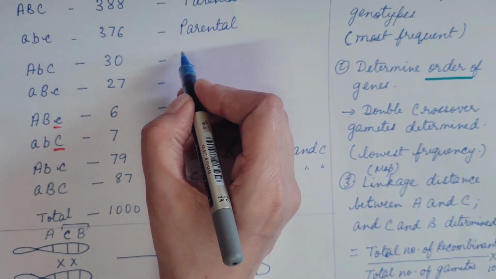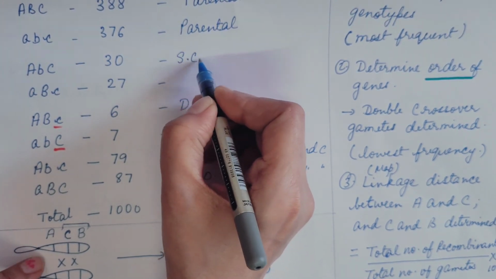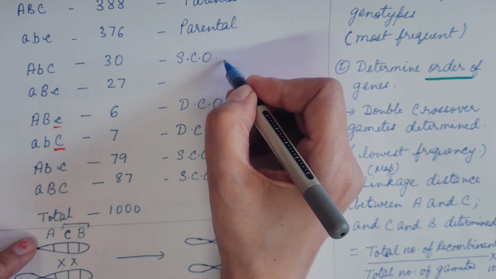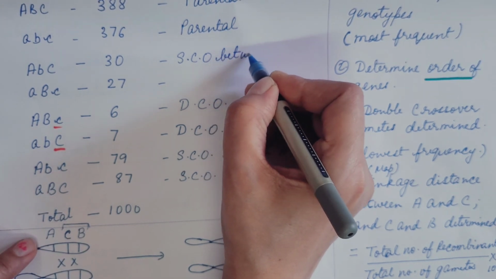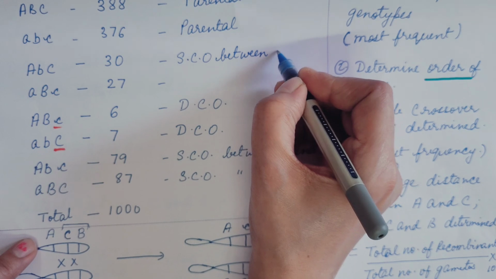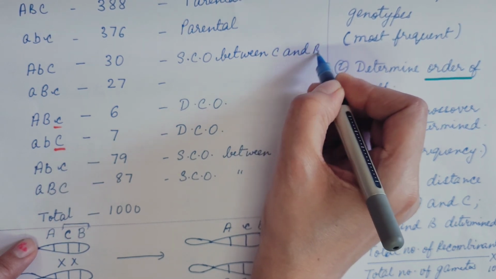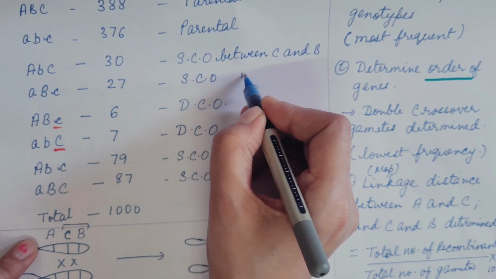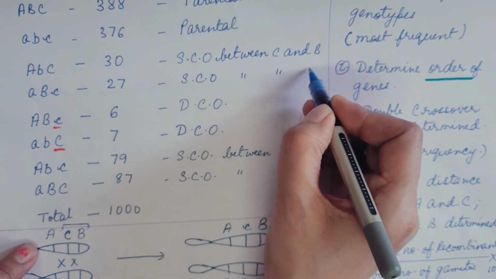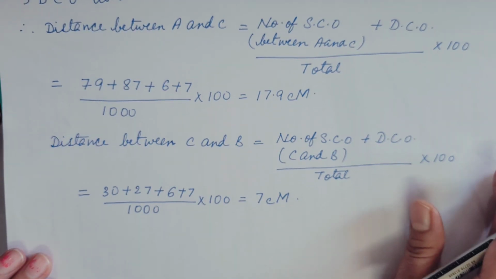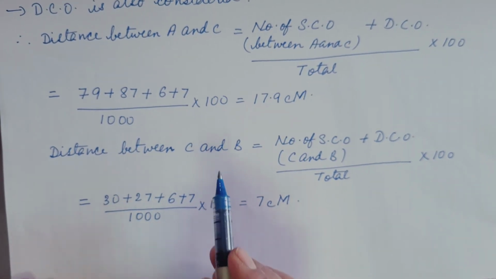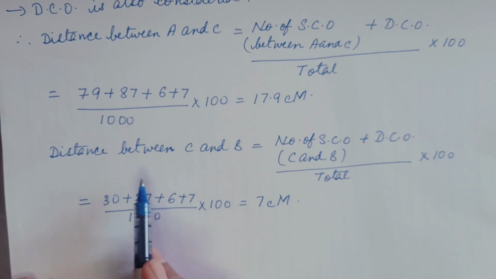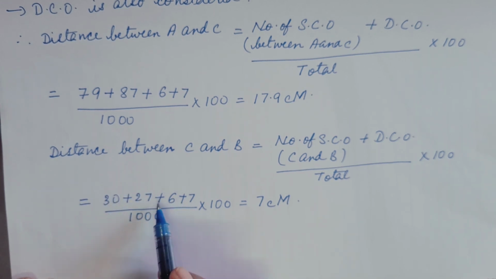So these are the single crossovers between C and B. Now we can calculate the distance between C and B: 30 plus 27 single crossovers between C and B plus 6 plus 7, which is the double crossover, by 1000 into 100, and we get 7 centimorgan.